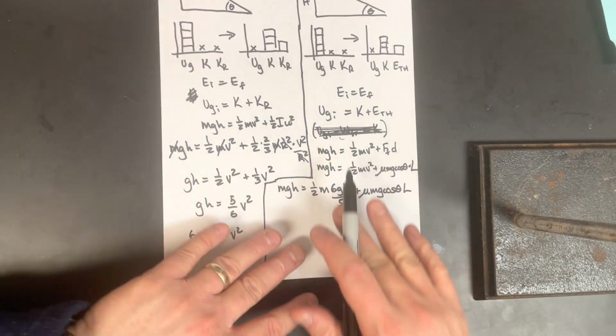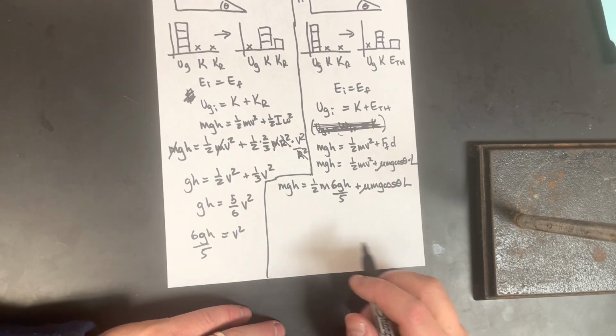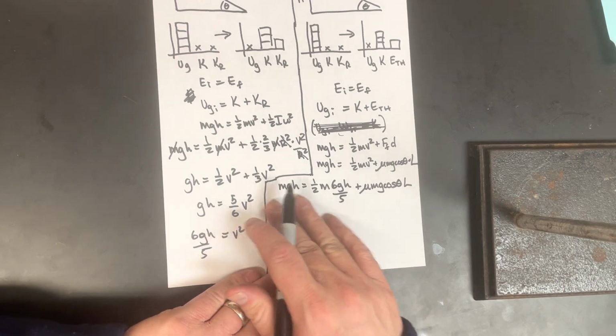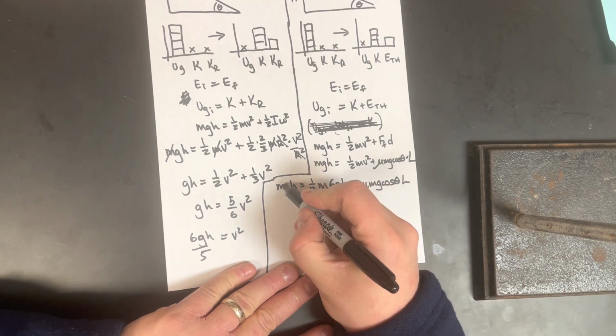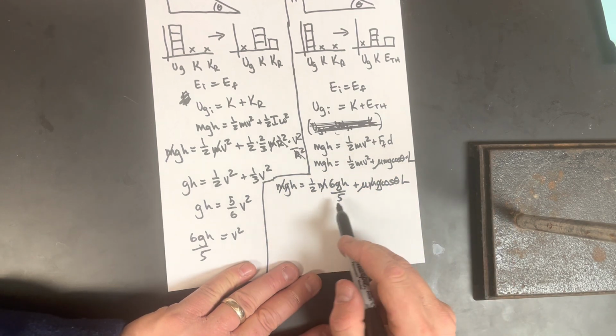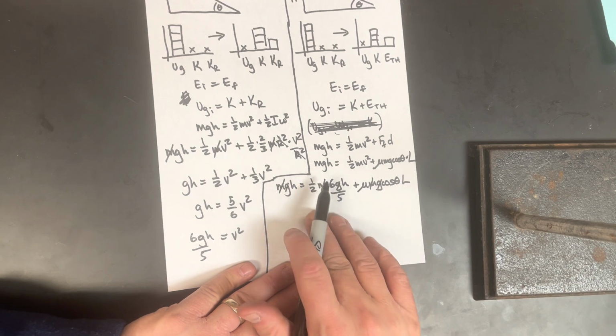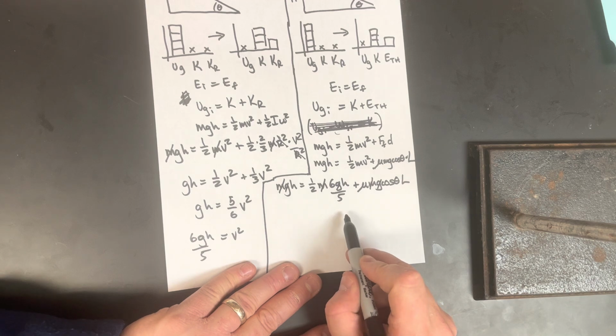So if I take a second and look at what I've got here, there's a lot of cleanup that I can do. The first thing I can do to clean this up is look at what's in every term. And every term has both an m and a g, so I can cancel that out. So m and g are going to cancel. I can also do some fraction cleanup here. So 1/2 times 6/5 is going to make 6/10.